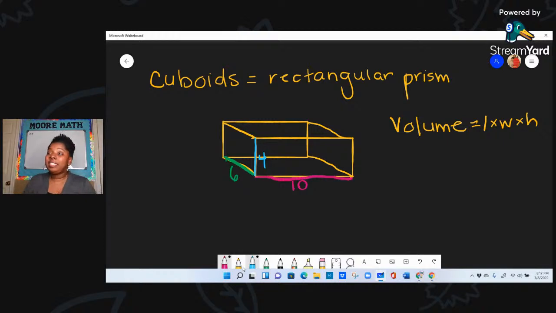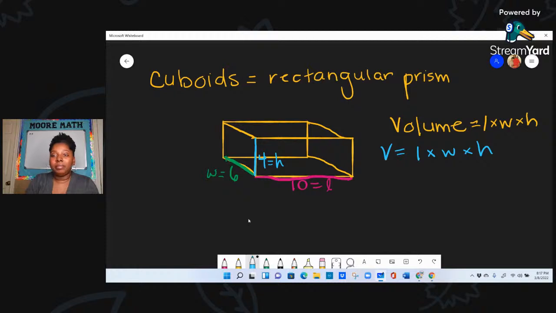All right. So your longest side is what? Your length. Your width is right here, how wide it is. And then how high it is, your height. So high, height, all the same. So we're doing length times width times height, and that equals your volume.